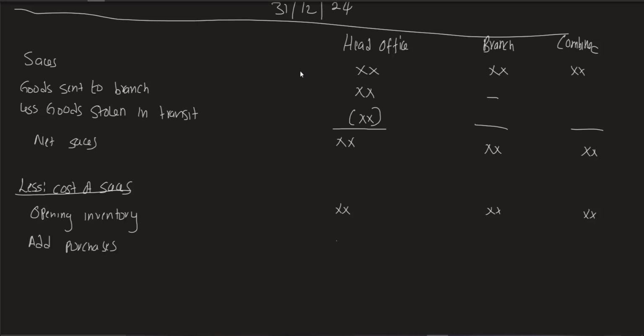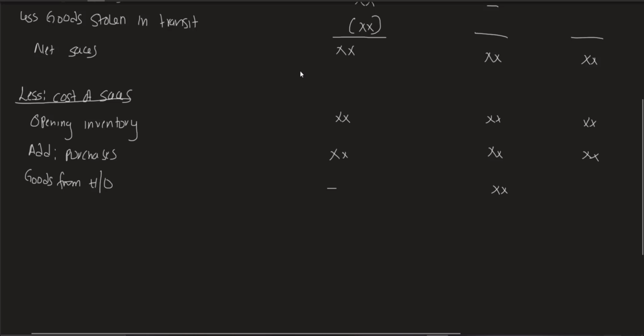You can add the purchases by the head office, purchases by the branch, and the combined. And then we have the goods from head office. Those will count as purchases in the branch.